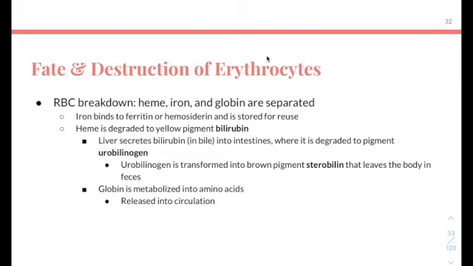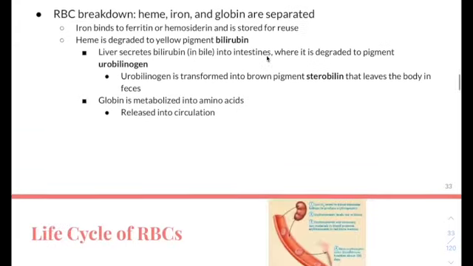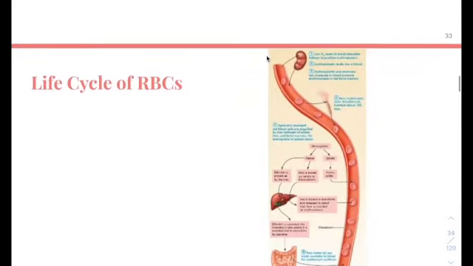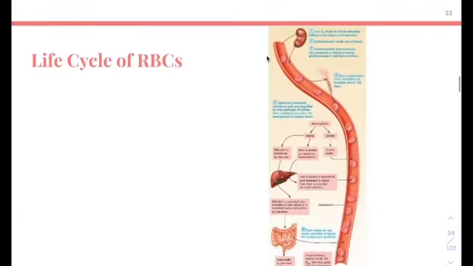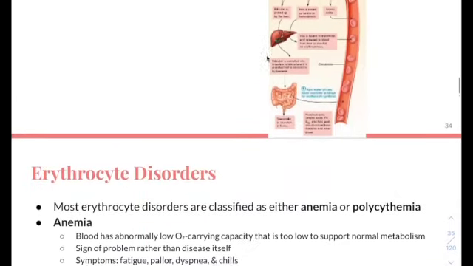Globin is metabolized into amino acids and then released back into circulation to be picked back up to start whatever their next process is. So here's our life cycle of red blood cells. It gives a visual of the entire process we've just talked about.